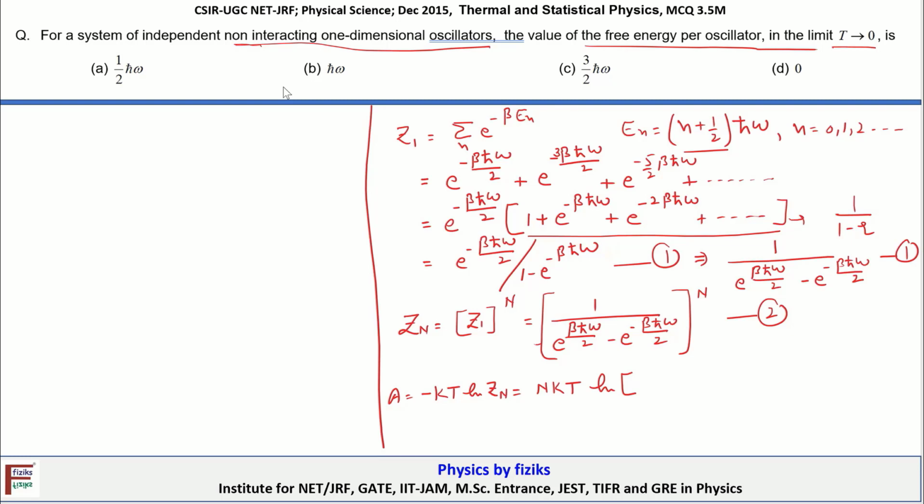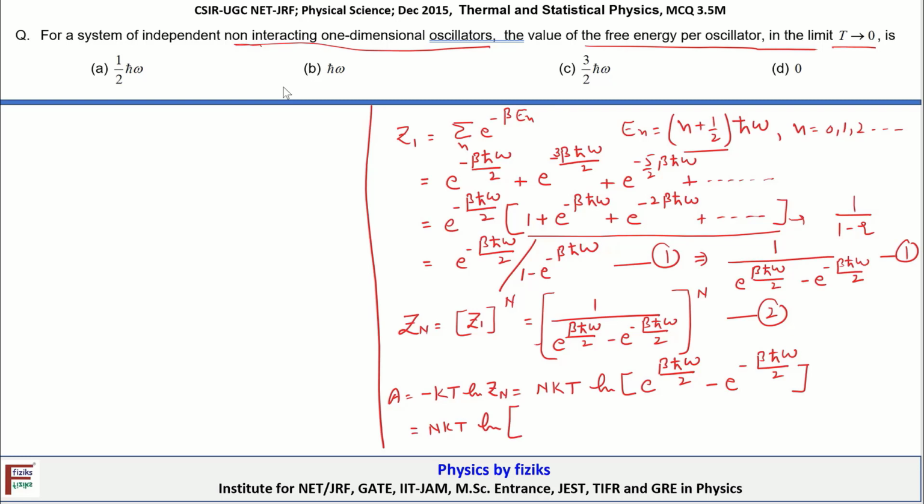So the logarithm of exponential beta h cut omega by 2 minus exponential minus beta h cut omega by 2. Okay, so this is further equal to nkT ln.